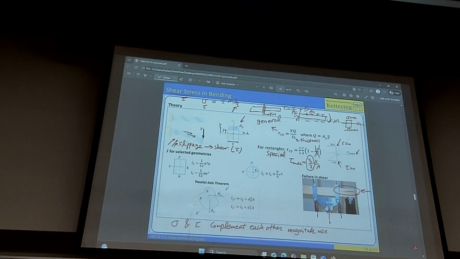I'm going to give you examples as usual. Q is this big term. It's best to go over examples to show you how to calculate it. If the cross-section is rectangular, it's best to use the second formula, it's just easier. If it's non-rectangular, you have to go with the general one.